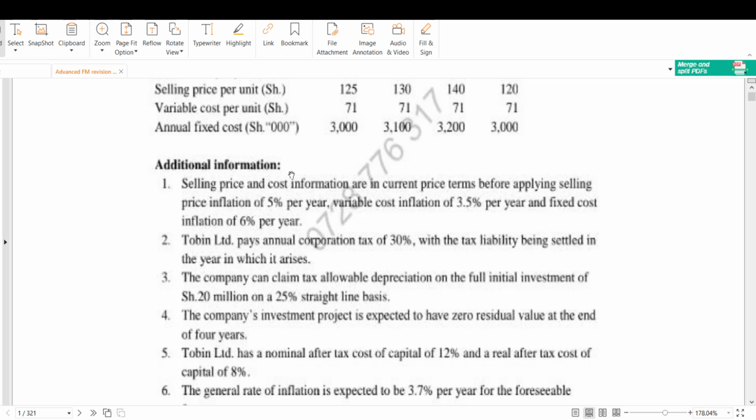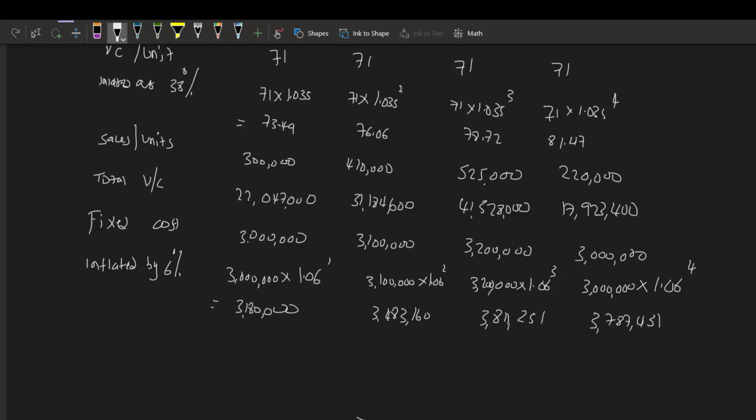So the tax allowance on depreciation will be 5 million, which is on a straight line, so it will remain 5 million each year. 5 million, 5 million, 5 million.